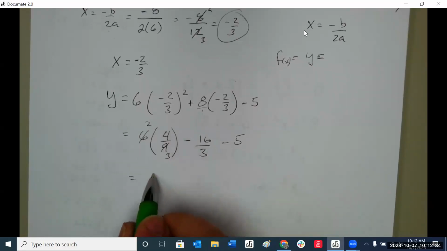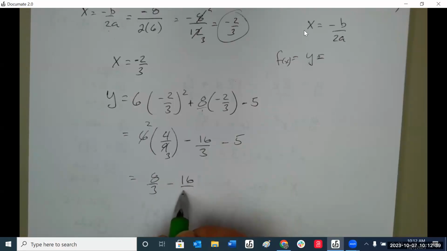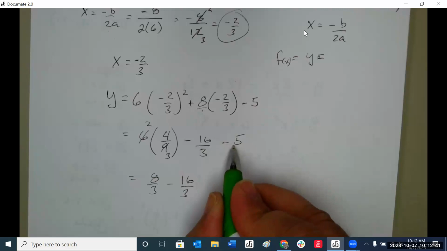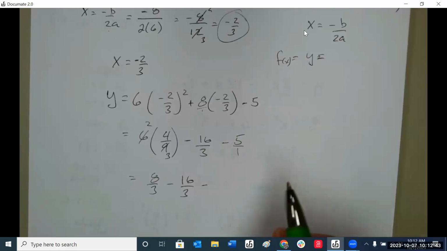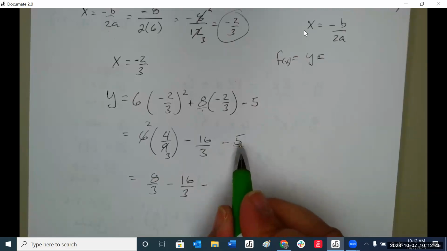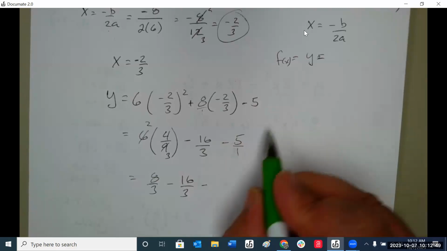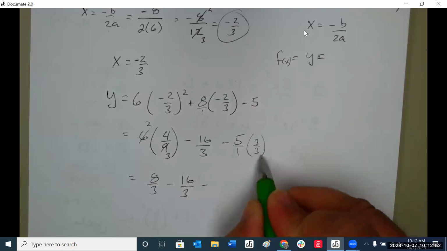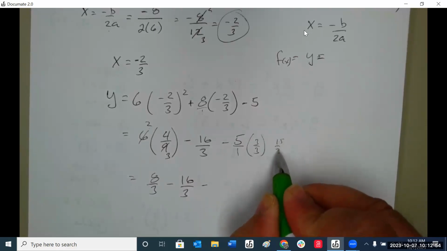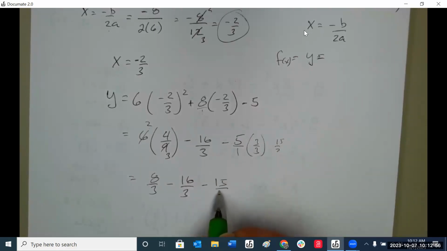We have 2 times 4 is 8 over 3 minus 16 over 3 minus, okay, this is 5, so we have to have a common denominator of 3. So it's 15 over 3 minus 15 over 3.